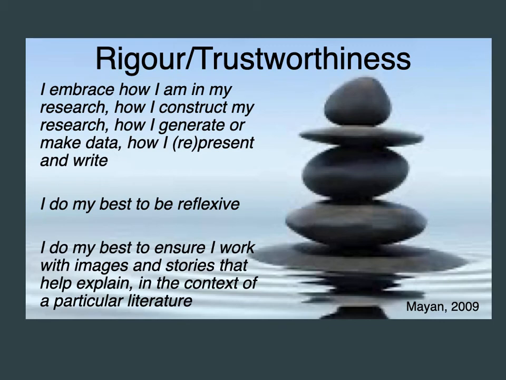So you're going to be asked in your final assignment to locate your work in one or two pieces of literature, and that's really an important way to also go back to contextualizing the things that you're seeing and providing a sense that this analysis can be trusted, that it has truth to it. We think that there are multiple truths, and that's what we've been constructing over this entire semester.